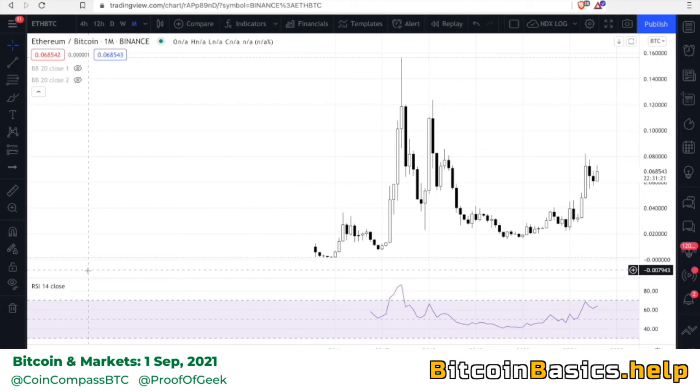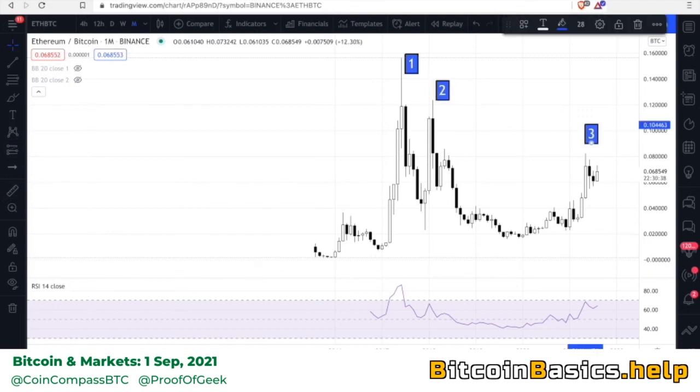Ethereum versus Bitcoin. So I am not sure what to make of this one. Monthly chart. I'm seeing these 3 lower lows of Ethereum versus Bitcoin. There's a lot of talk on Twitter about Ethereum, how it's the next big thing, how everyone's expecting it to do that.